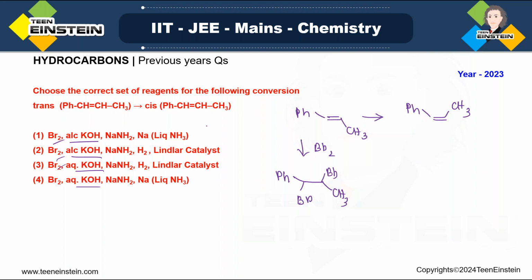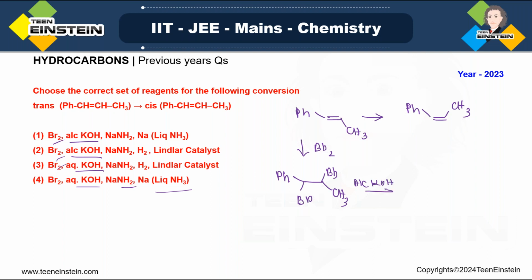Now if you use aqueous KOH, you are getting 2 OH groups. But after that you have sodium amide, you have sodium in liquid ammonia. But when you have 2 OH groups, it will not work with the further reagents. So it cannot be aqueous KOH, it should be alcoholic KOH.